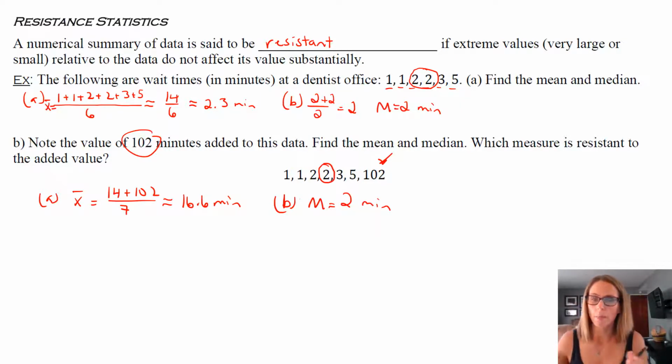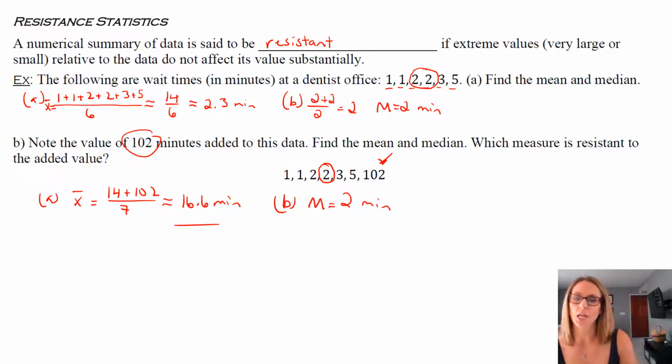The big thing here is that the measure that is resistant to the added value is the one that didn't change. You can see that the sample mean changed. It went from 2.3 minutes, the average amount of time that somebody waited, to 16 minutes. That's a ton. As far as the median goes, it actually stayed the same.